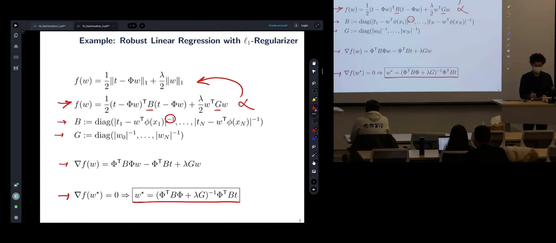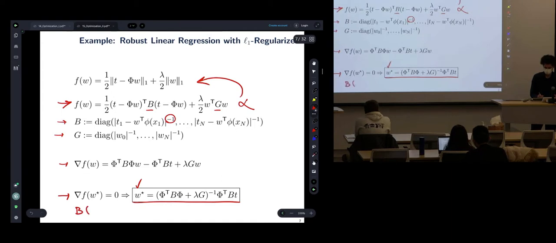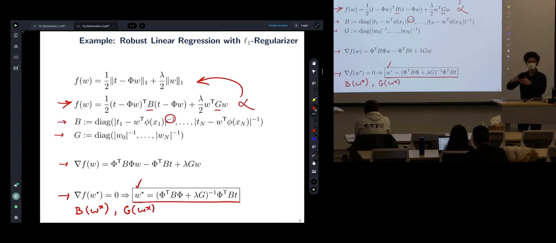Once we find the optimal W, then we have to reevaluate these weights and make them ready for the next iteration. So in the next iteration, when we evaluate the new W, this B and G will be different. And that's how we iterate between weights and the decision variable.